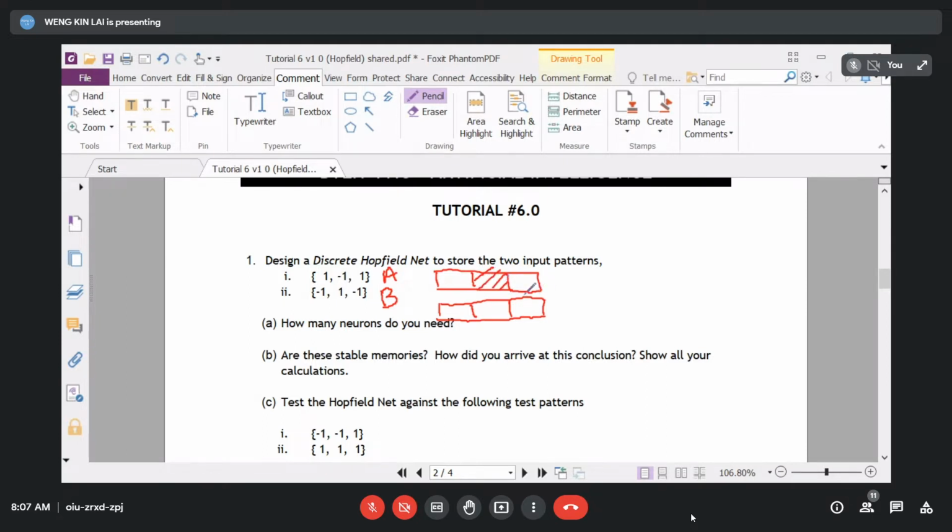So you can see pattern B now is very different because you have this kind of pattern. Now, you have to design such a discrete Hopfield net to learn these two patterns.